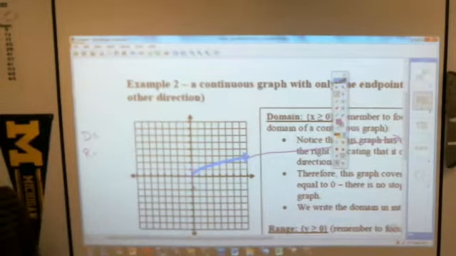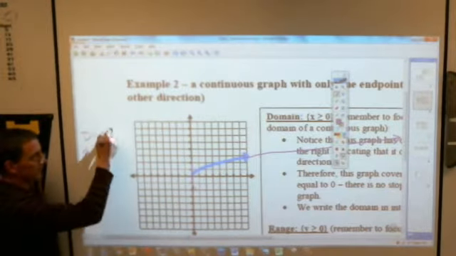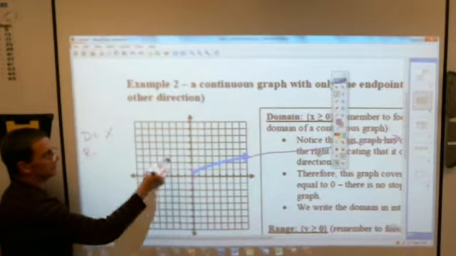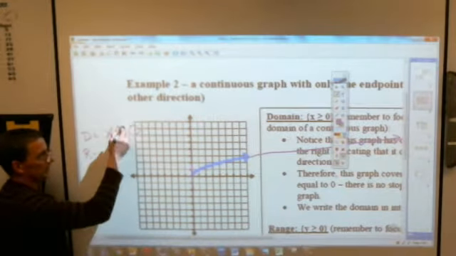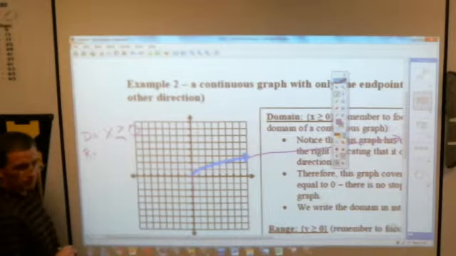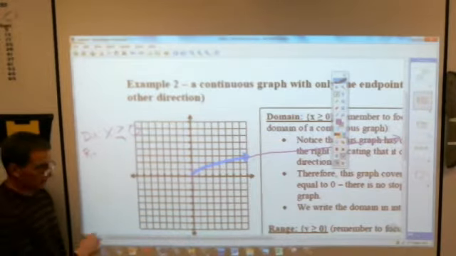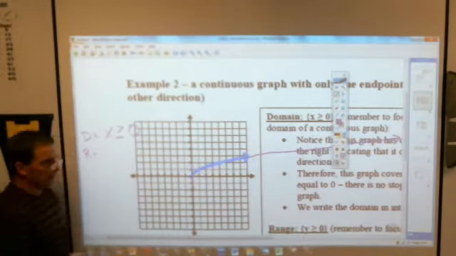How do I show that in an inequality? X has to be anything greater than 0. It starts here at 0, greater than or equal to 0. Correct? Because it starts at 0, goes forever that way.